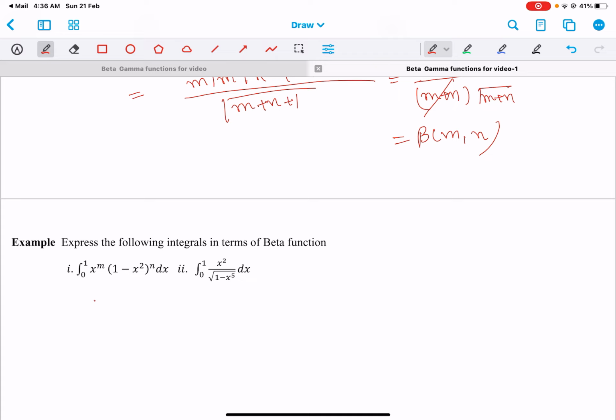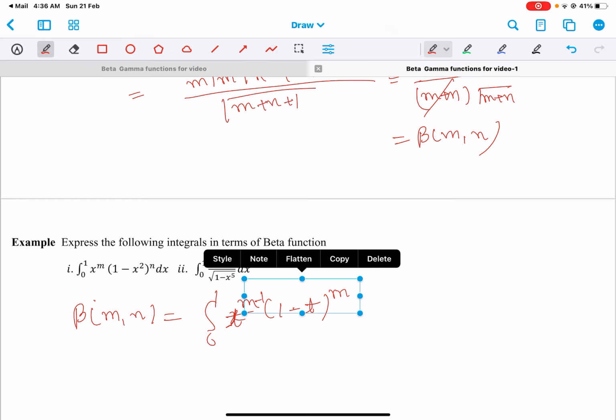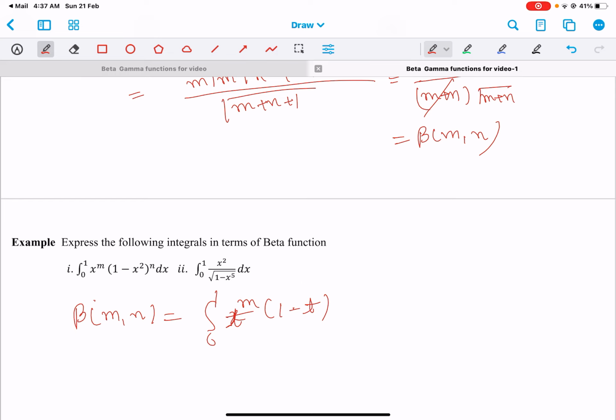You know that beta mn is given by integral 0 to 1 x to the power m minus 1, or you may take it in the form of t, t to the power m minus 1 into 1 minus t to the power n minus 1 dt.